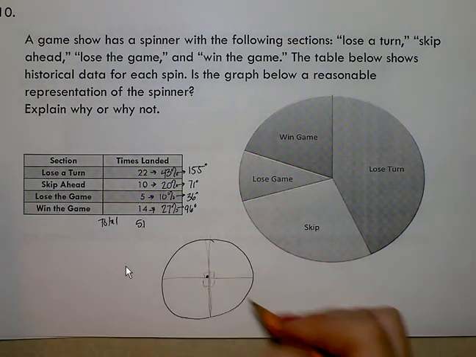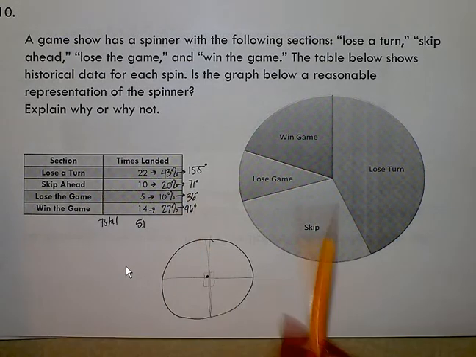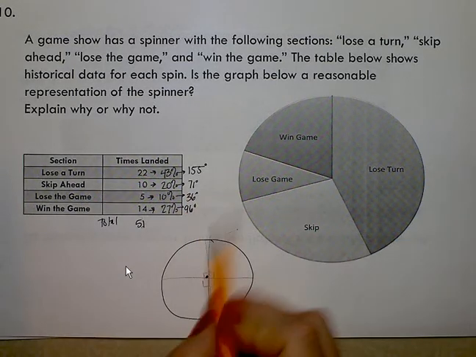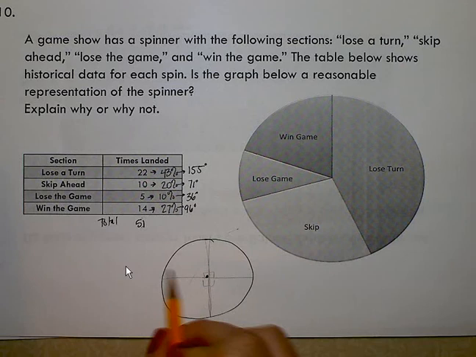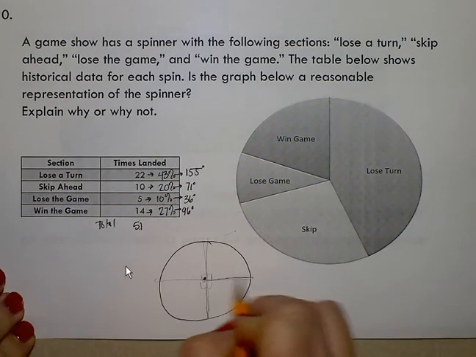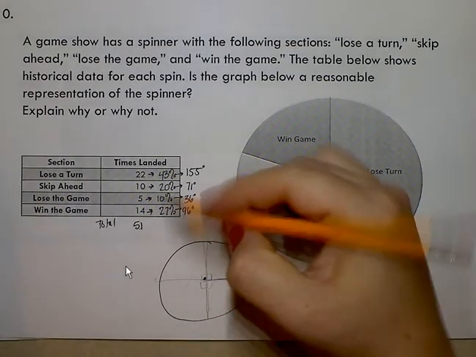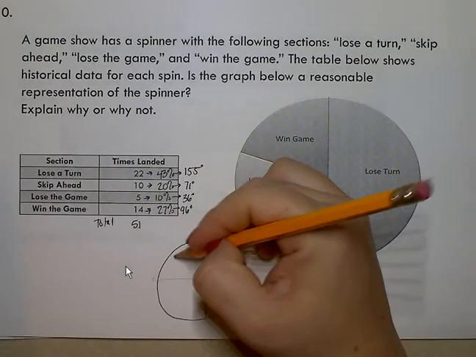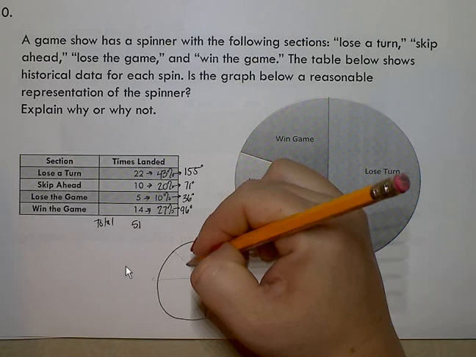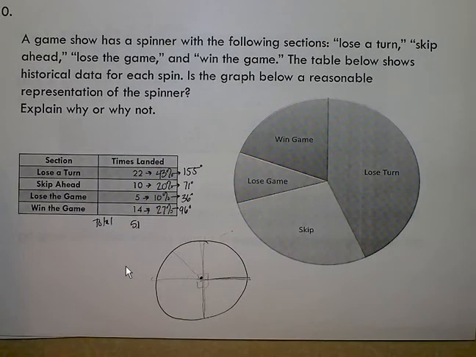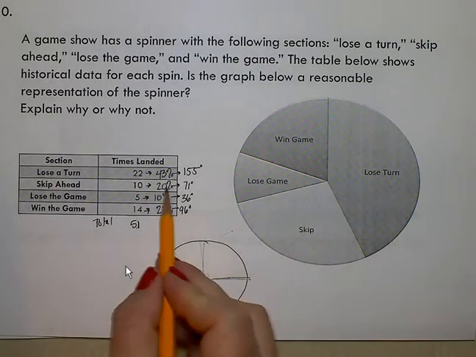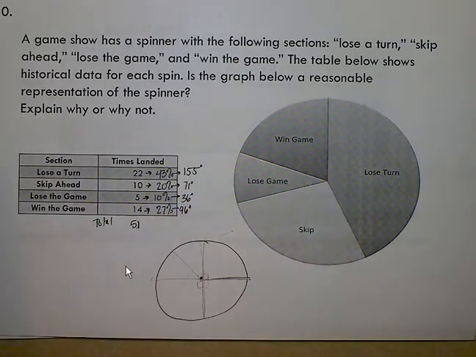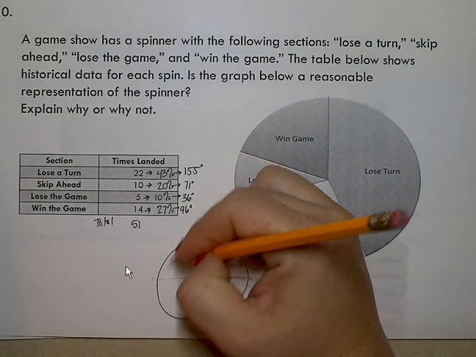So we want our first one to be 155. If this is 90 and this is 90, I don't want to go all the way over here, that'd be 180, but let's start here. Here's 90. If I take this 90 and break it in half, what's 45 plus 90? 135, okay, and I need to get up to 155. Let's take this part and break it into 3 portions.